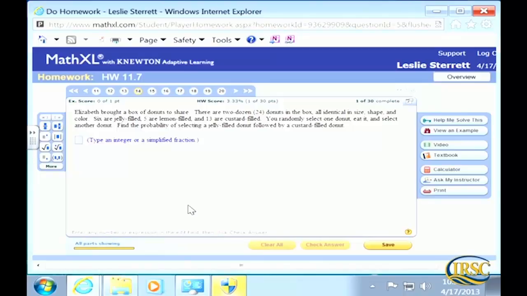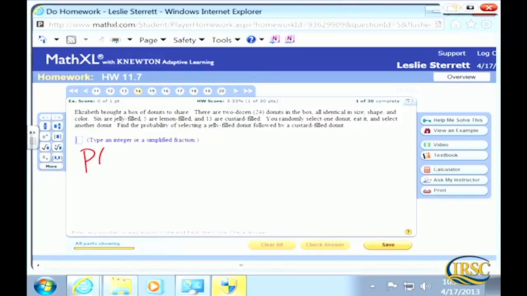All right, so you're finding a jelly-filled followed by a custard-filled. So you're looking for the probability of a jelly and then a custard. Now, does what you do the first time affect what happens the second time you go for a donut? Yes.